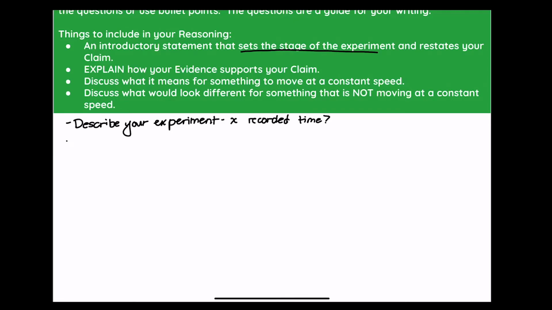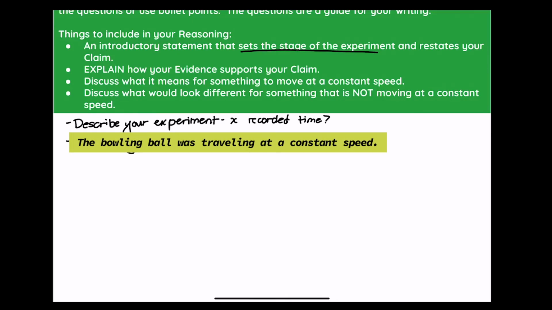What is it that you did? Okay, so a short description of what you did. And then we will also say that the bowling ball was traveling at a constant speed. And then you're going to be explaining what it means to be a constant speed.